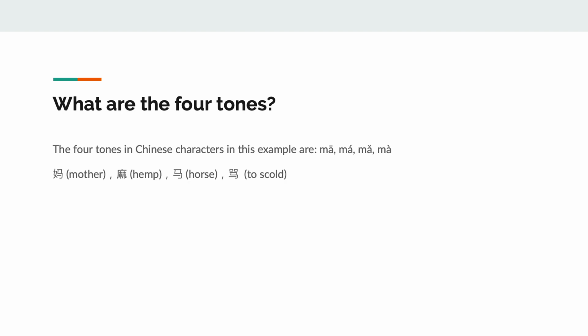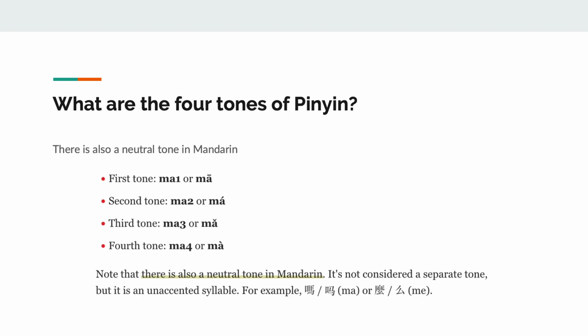The four tones in Chinese characters in this example are ma, ma, ma, ma. What are the four tones of pinyin? For spelling purposes, ma with the first tone can also be written ma1.